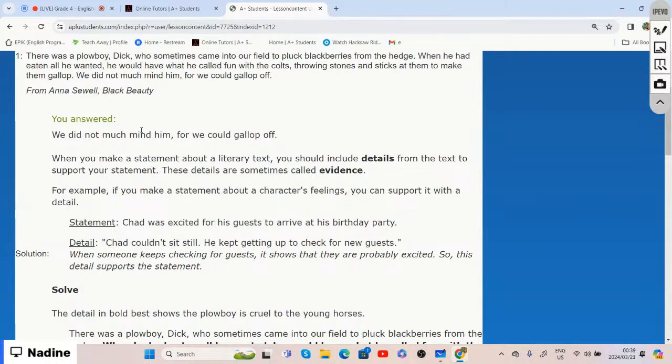So, for example, if you make a statement about a character's feeling, then you can support it with details, right? Meaning that you're also going to show evidence. So, statement as well as details, and the details can be evidence.